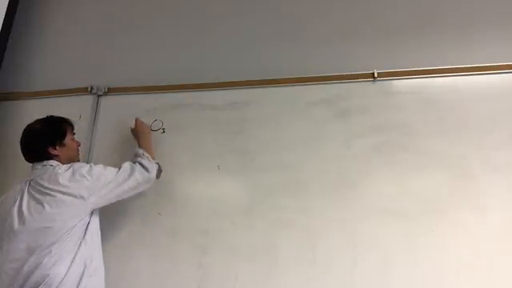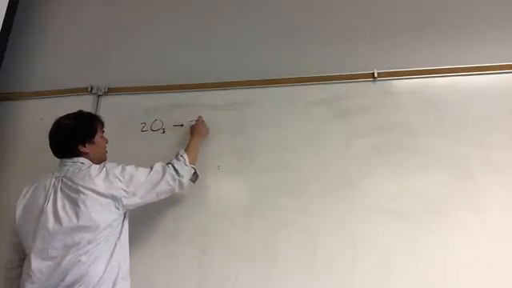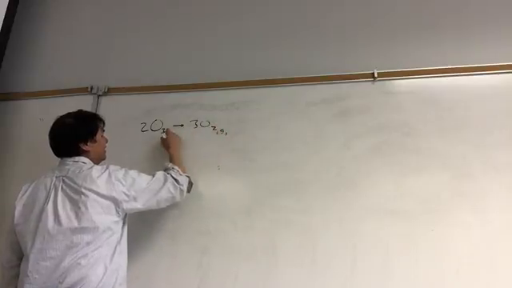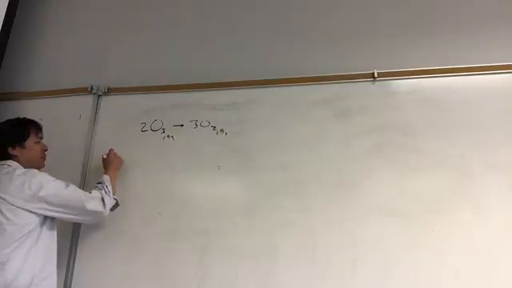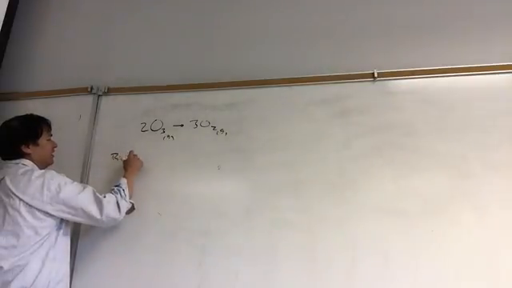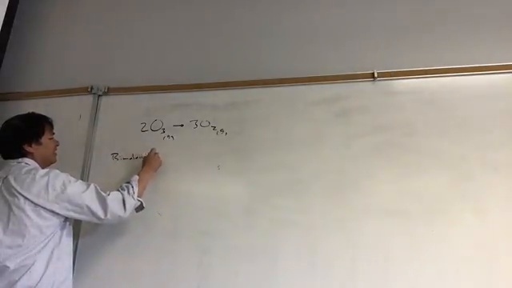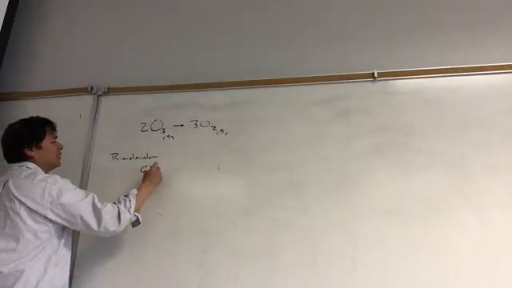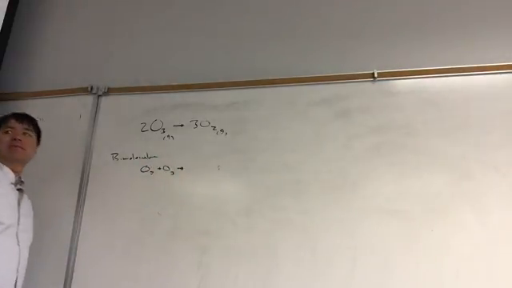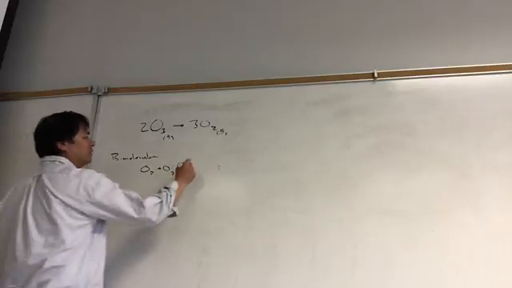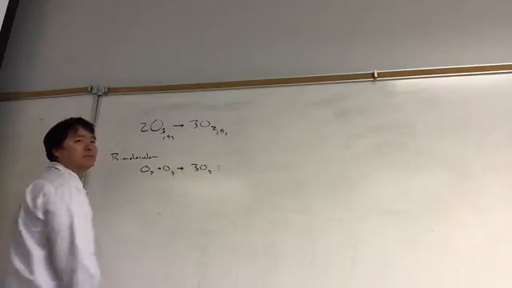All right, so the reaction is 2 ozone goes to 3 O2s. And we might have a bimolecular collision. If we have a bimolecular collision, then we have an ozone plus an ozone yields, what would happen? An ozone plus an ozone would yield 3 O2s.